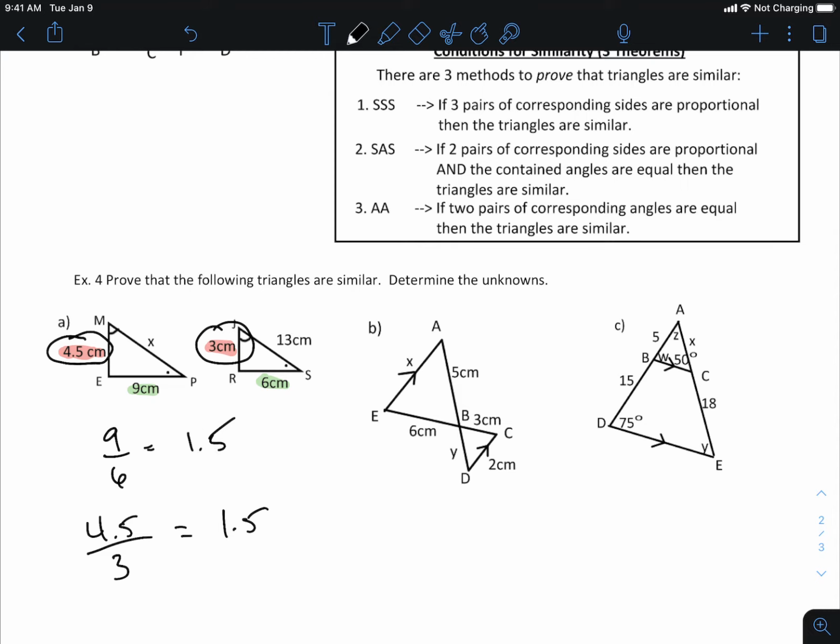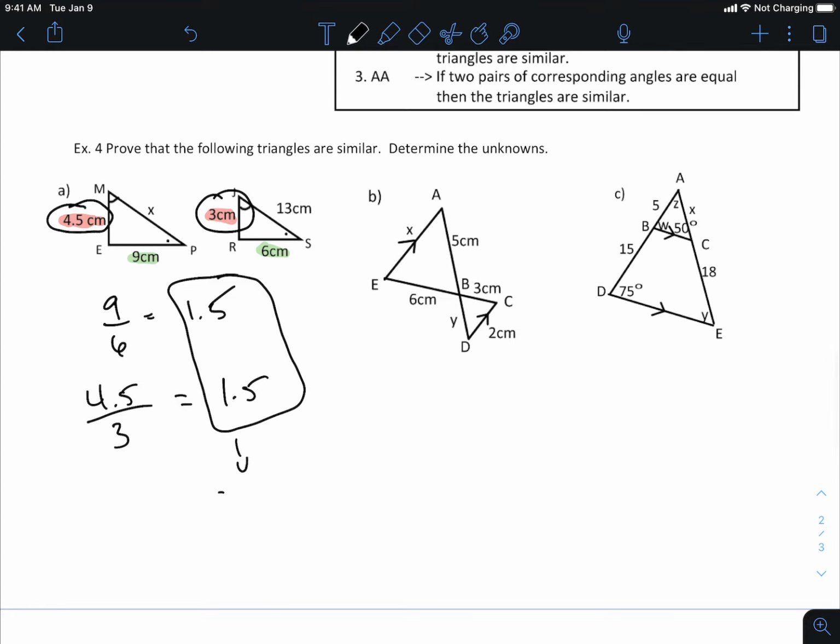This is what we call a scale factor. If you can find a consistent scale factor between the side lengths, chances are it's similar. We have one more thing to check. Do we have a shared angle in there? We do, it's right here. Then you can say these are similar triangles. Then you can use the method of solving that I'll show you in a minute. Does that make sense?